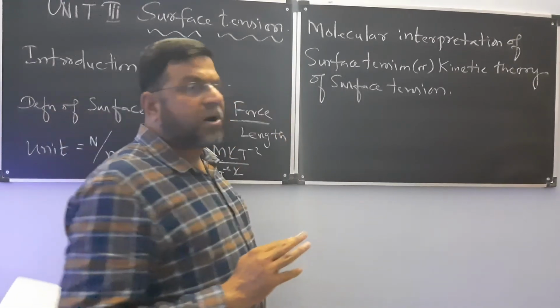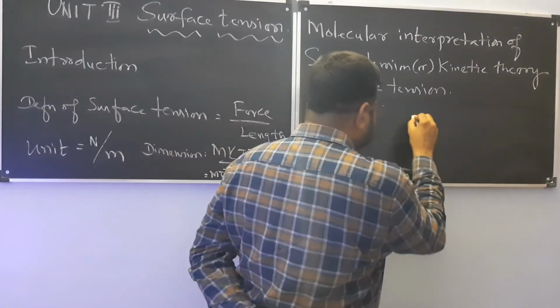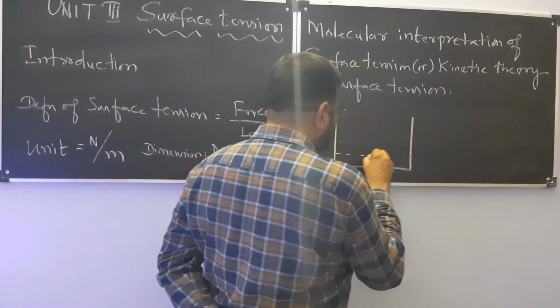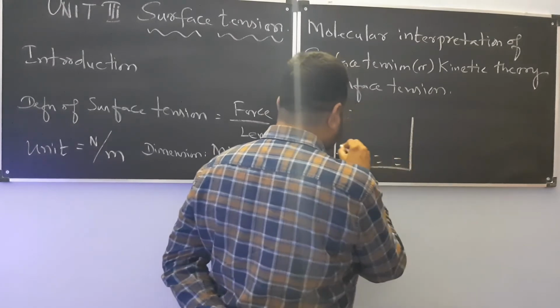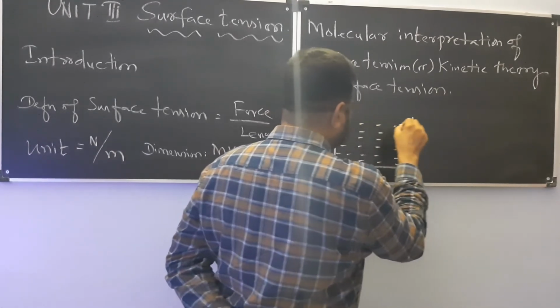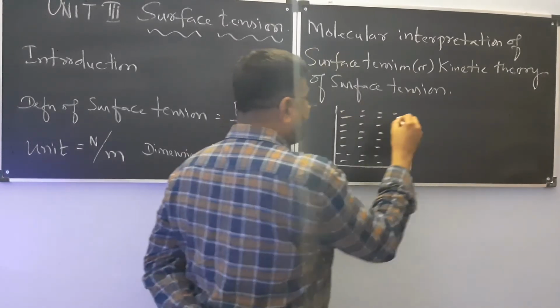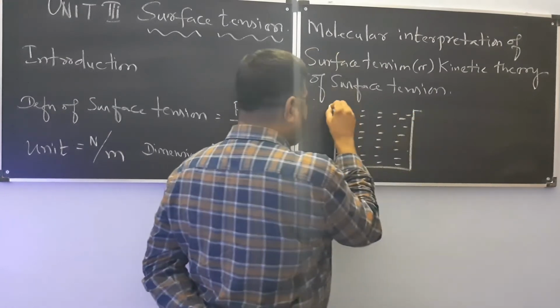Now we are going to see the molecular interpretation. I am taking a glass tube, and inside it I am taking a liquid which is very crystal clear. So this is the glass beaker.